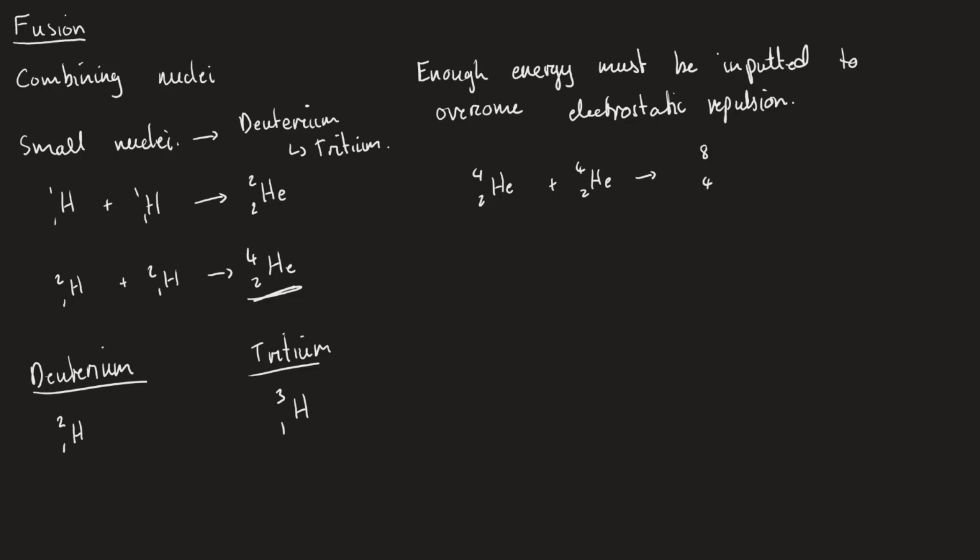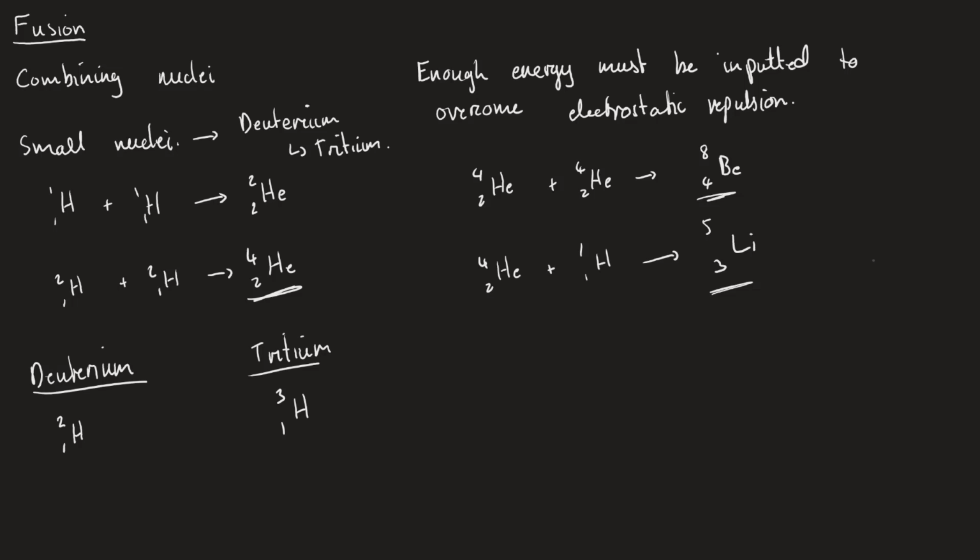Now, for those of you who are familiar with the periodic table, you will know this is beryllium. I've kind of skipped out lithium here because I could have also had this helium 2 4 and hydrogen 1 1, and I would have ended up with lithium with 3 protons and a mass number of 5.